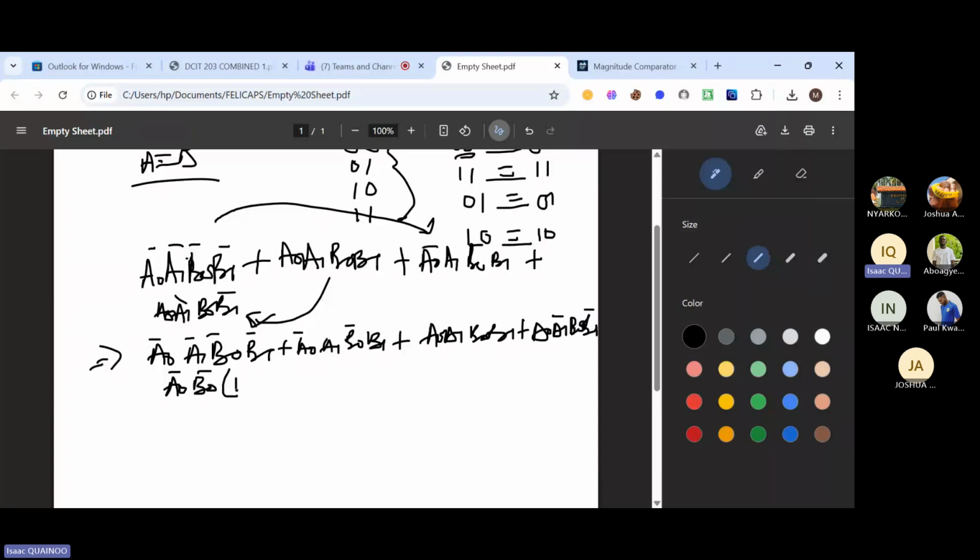We are going to have A1 prime, and then B1, which also has a prime. So we have A1 prime and B1 prime left, plus, and for the right side we have A1, B1, right?